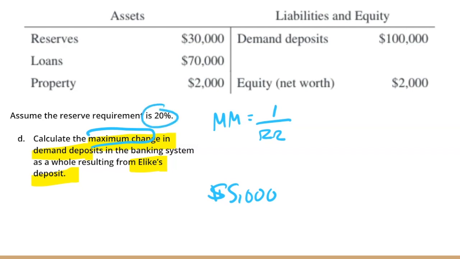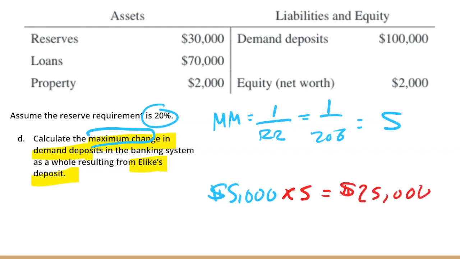And we know that the required reserve ratio is 20%, so we do 1 over 20%, which gets us to 5. So now we take the $5,000 that LEK deposited and multiply that by 5, and so in theory, the maximum change in the demand deposits in the banking system is going to be $25,000. In other words, what LEK deposited times the money multiplier.